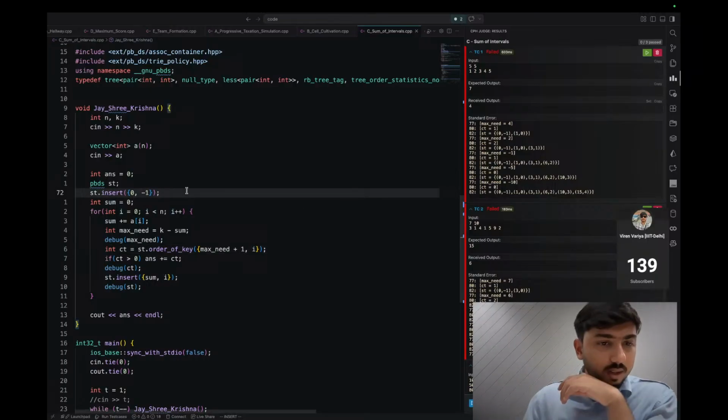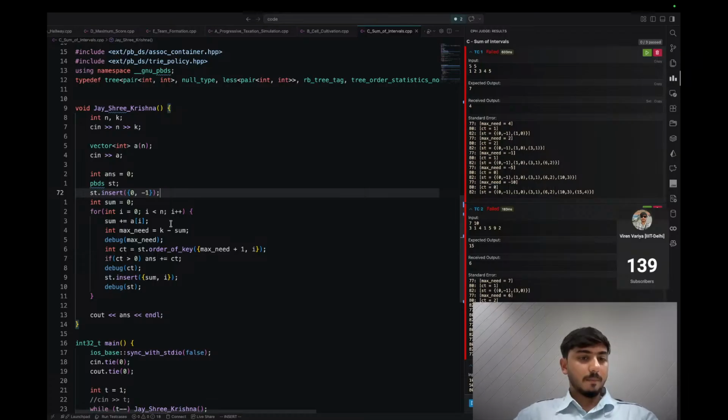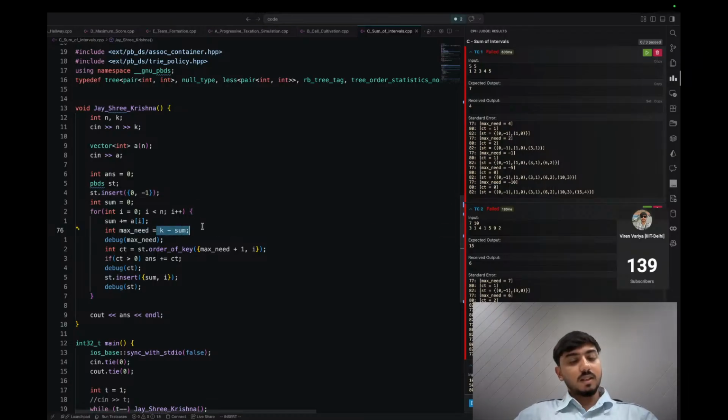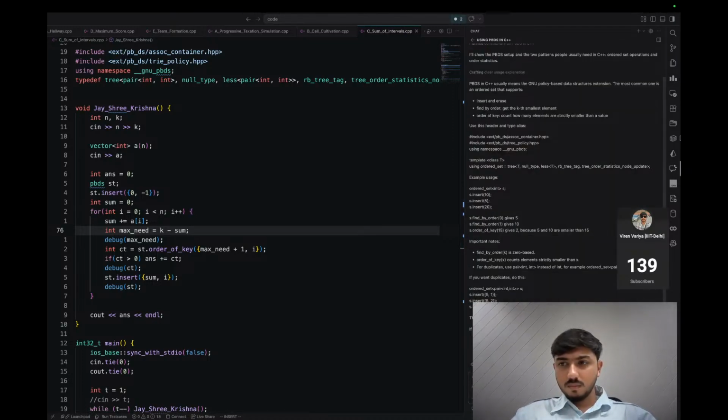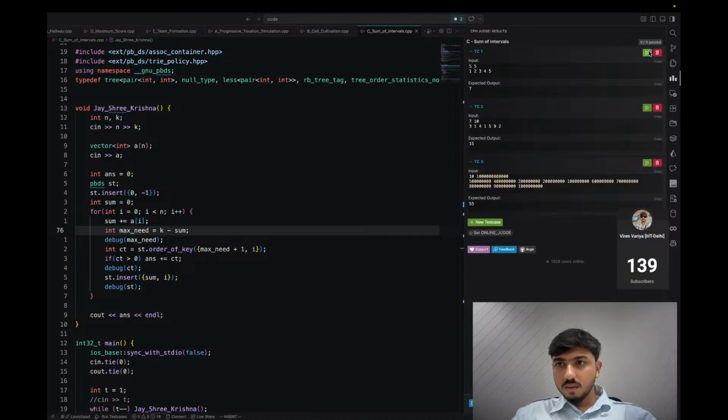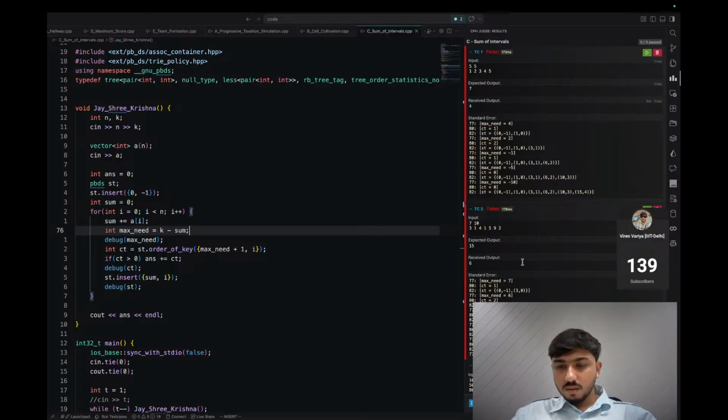Is there anything we are missing? See, max need is this, we have to count how many elements. Count is 1, count is 2, count is 2. How?